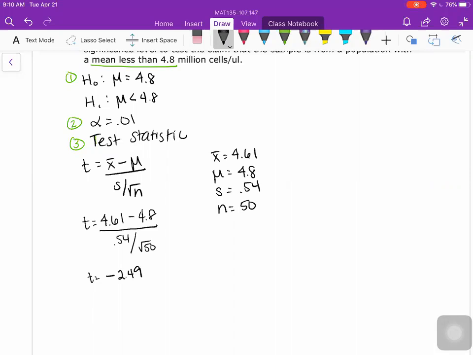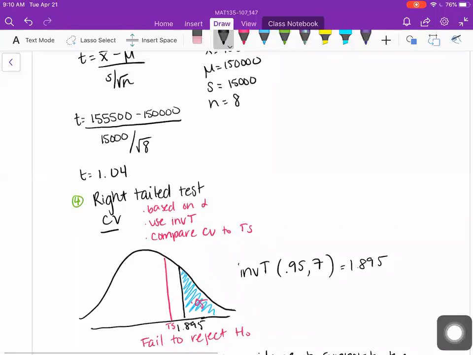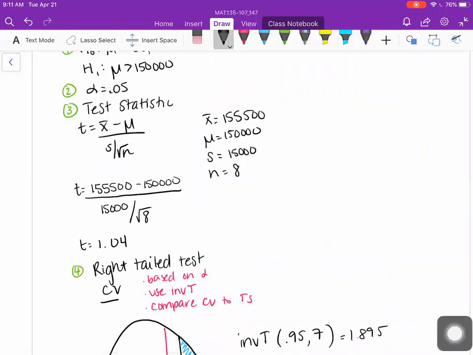Now, before we go on to step 4, I want to make one quick comment. In this particular test, we have a left-tailed test, and our test statistic is negative. If we look at our previous example, we had a right-tailed test, and our test statistic was positive. Now, this should make sense because our claim needs some sort of evidence.